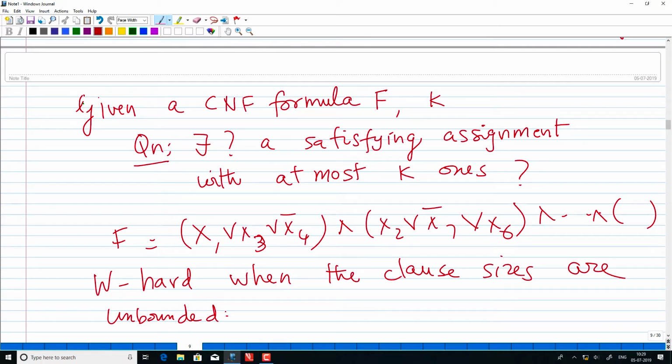It is very easy actually if you think about it. Can you encode dominating set as a formula? Just think about what it is we are looking for in the dominating set, and then the formula will naturally fall in place, and then you know that a weight k satisfying assignment would correspond to a k-size dominating set.